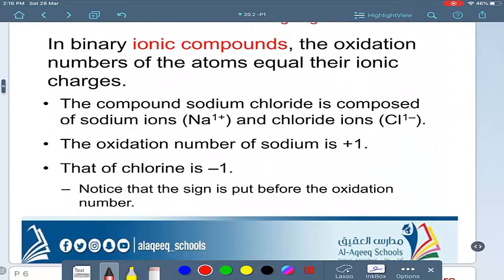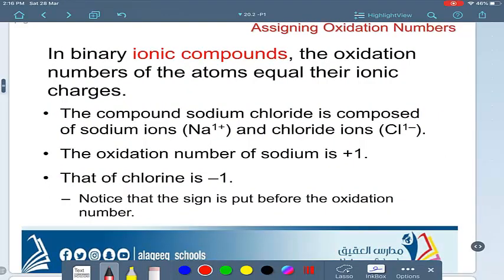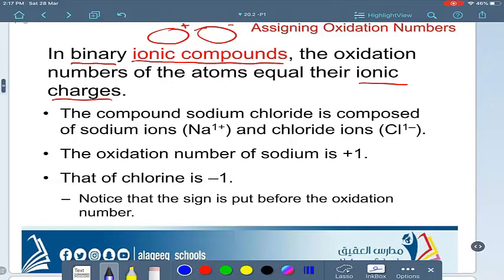So we have 2 types of compounds here. First, the ionic compounds, which are binary ionic compounds, meaning they have 2 parts. One positive comes first, then the other one is negative. The oxidation number of the atoms equals their ionic charges, as we said. For example, if you have the compound sodium chloride, NaCl, Na has positive 1, as we said before.